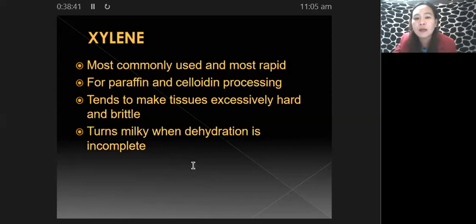So a significant amount of water molecules will make your xylene turn milky. This can also be an advantage in the sense that at least you would be able to know if you were able to perform the dehydration process completely. Otherwise, your tissue sample might need additional immersion in your alcohol or dehydrating agent. So that is for xylene.